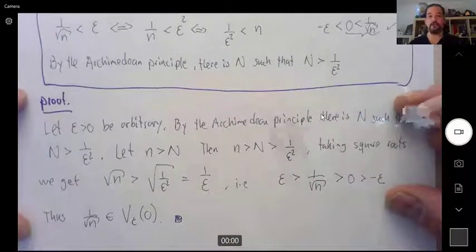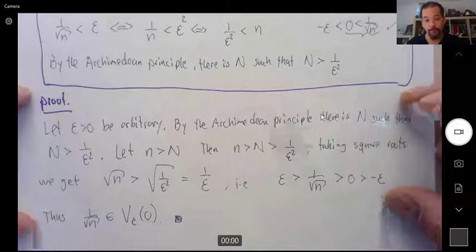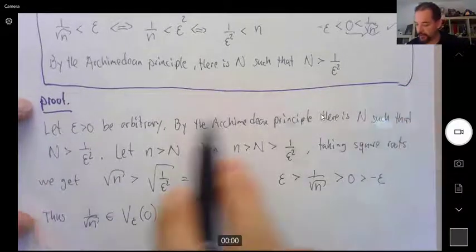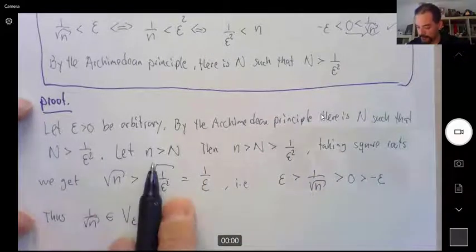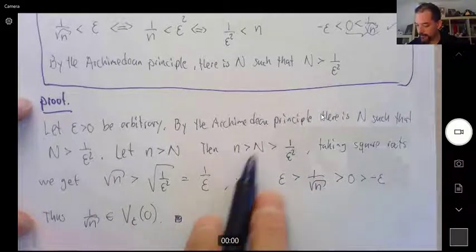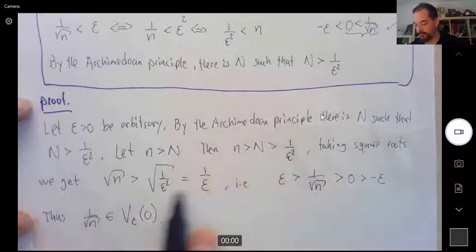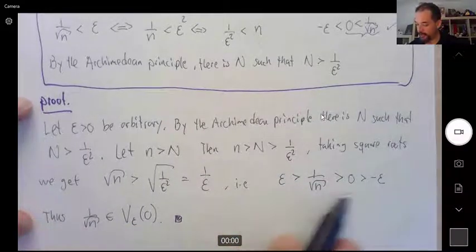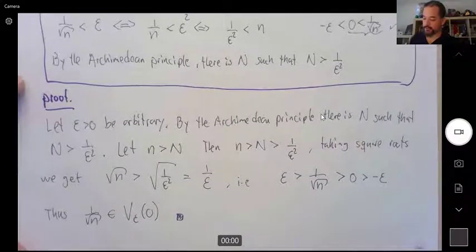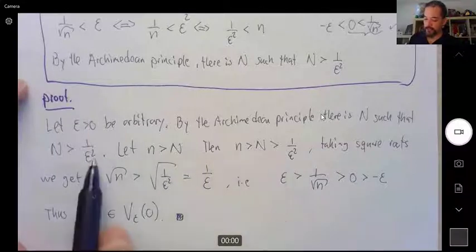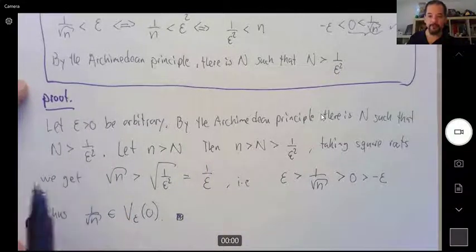Of course, if this is the first time you read a proof and you read this, you're like, okay, yeah, this is true. Yes, Archimedean principle. Yes, I pick this little n bigger than capital N. Yes, this happens. Yes, square roots, this. Yes. Okay, yeah. Oh, sure. But then this doesn't help you recreate the proof, because the real question here is, how did they know to pick 1 over epsilon squared, right?